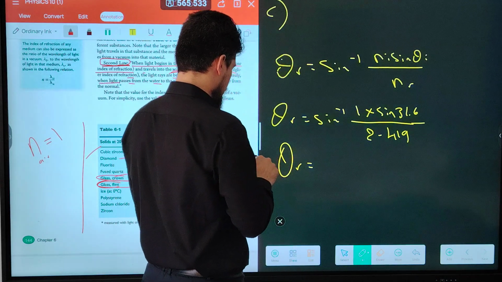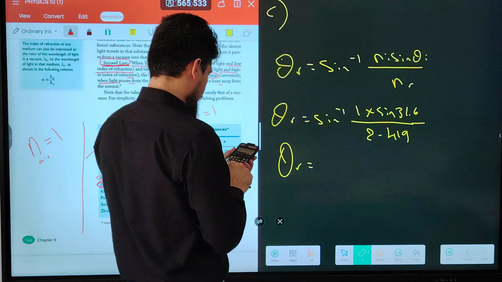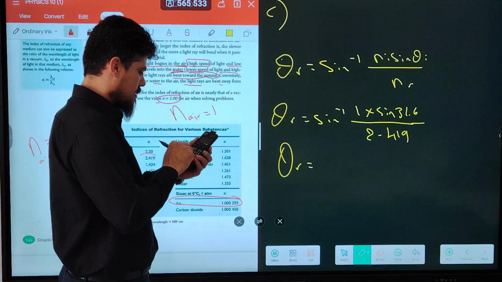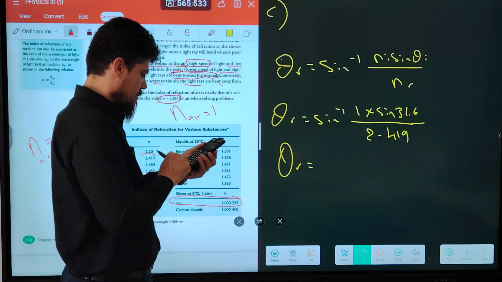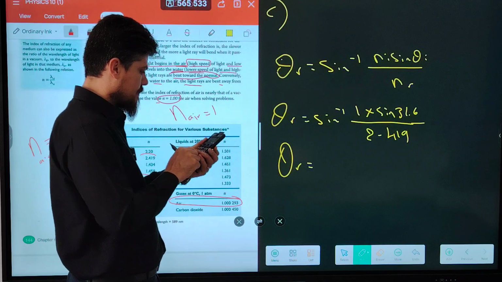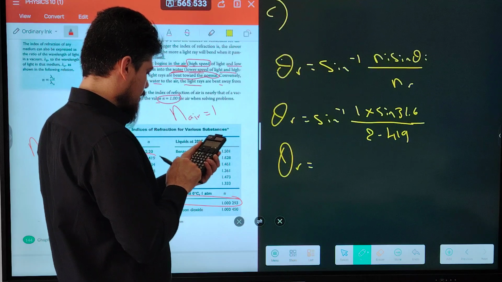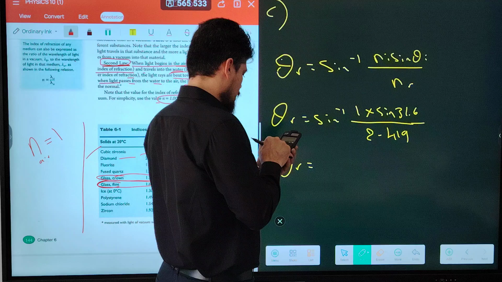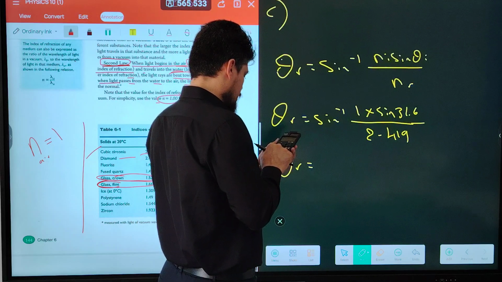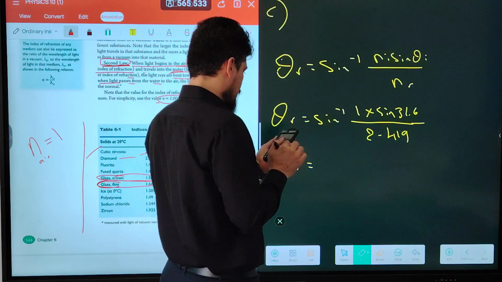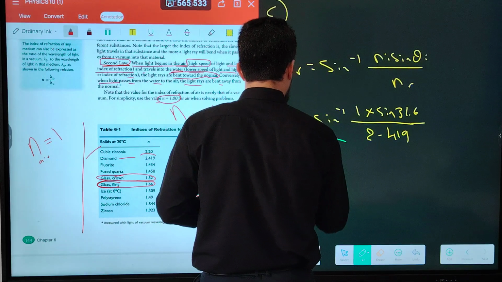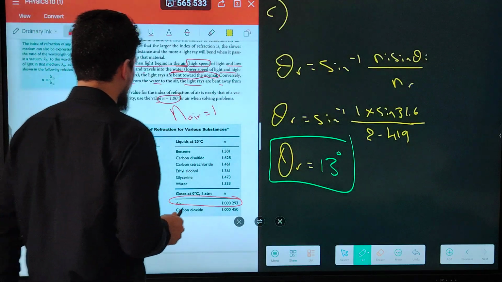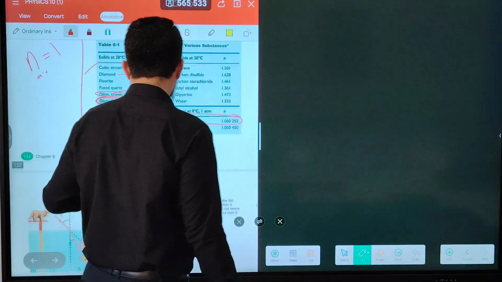Theta r is equal to sine 31.6 divided by 2.419. I got, so sine inverse, 13. Okay? This is the angle of refraction. This is branch C.